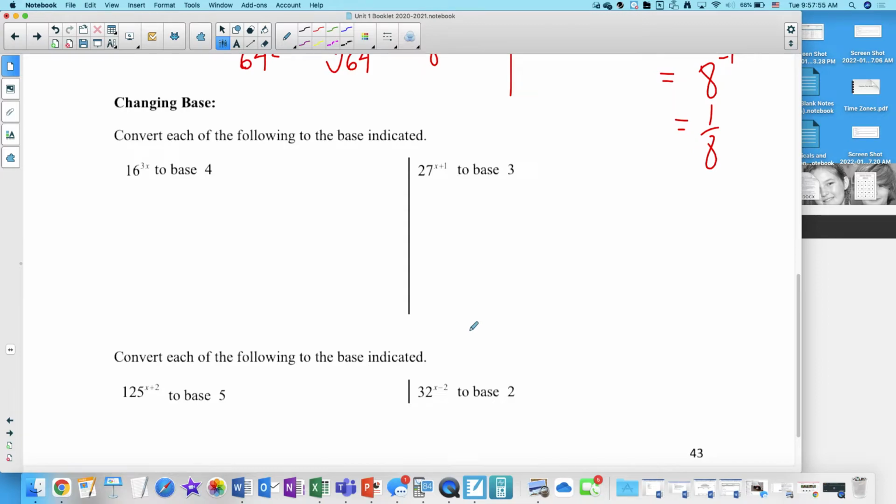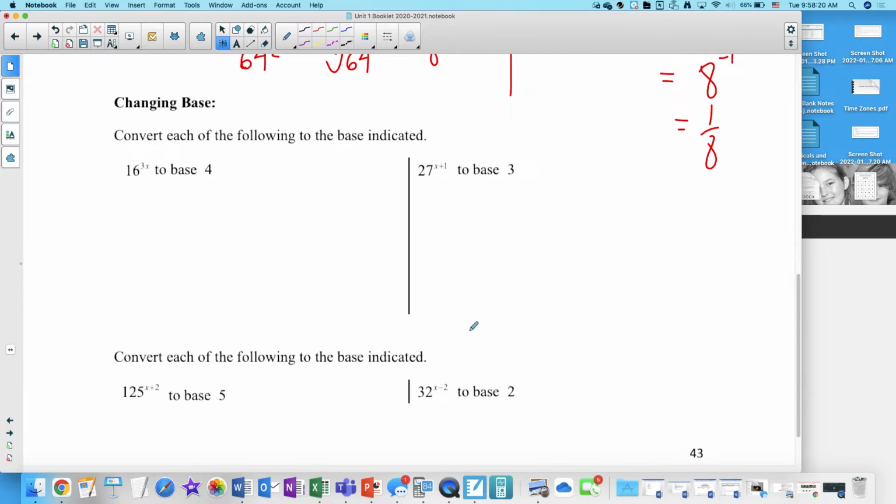And it only ever works if the original base can be written as a power with a different base. Okay? So for example, let's say I wanted to change 16 to the 3x to base 4. Can we write 16 as a power with a base of 4? Yep. The square of 4.